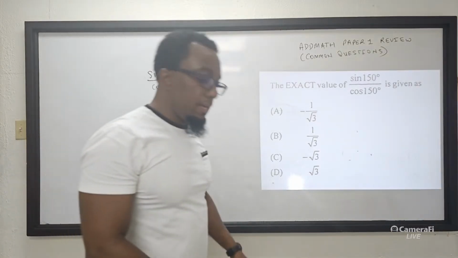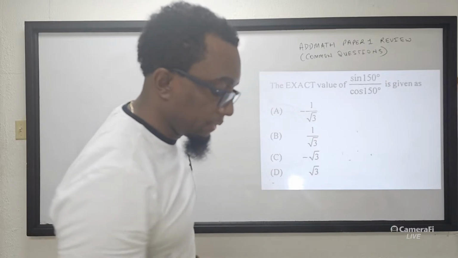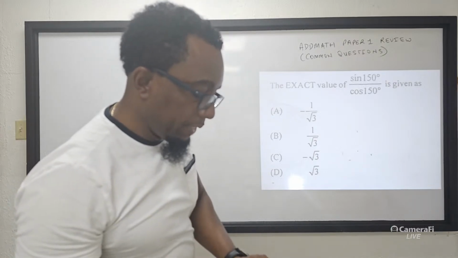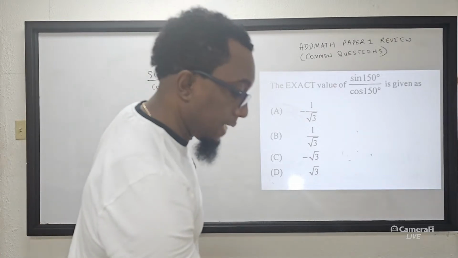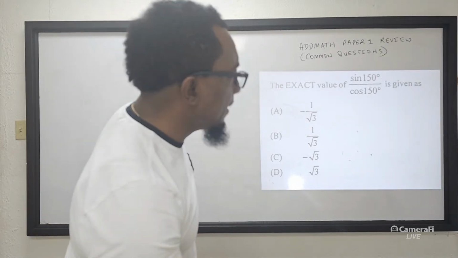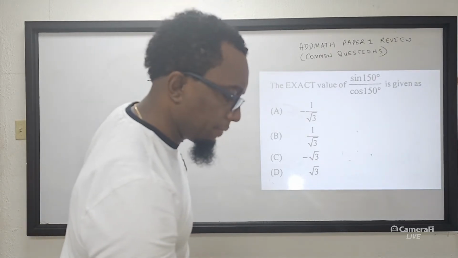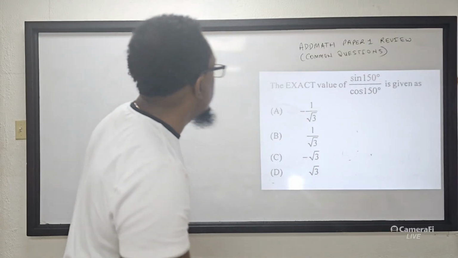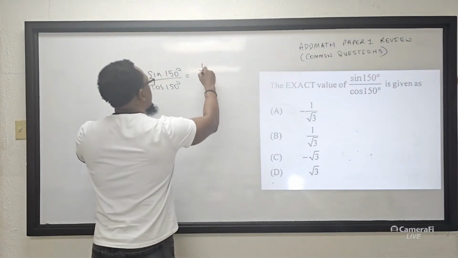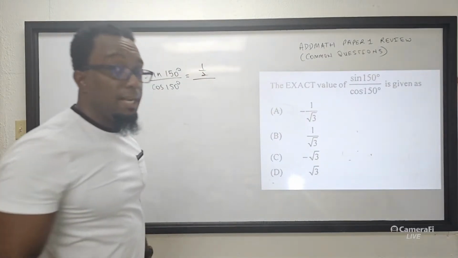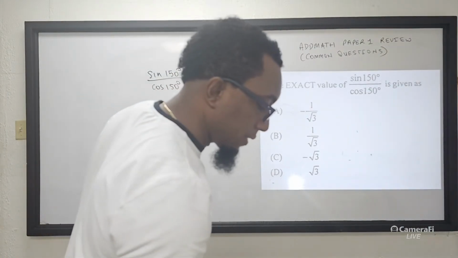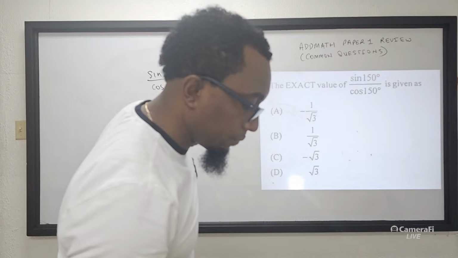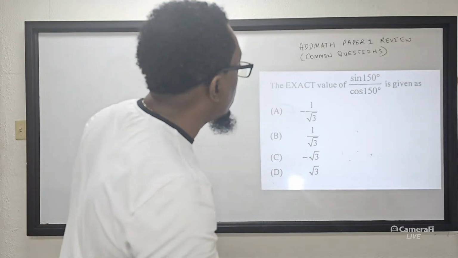Now, sine of 150 degrees, that's a special angle. Sine of 150 is equal to a half, the same as sine of 30. Because 150 is a special angle. And cos of 150 is equal to the square root of 3 over 2.